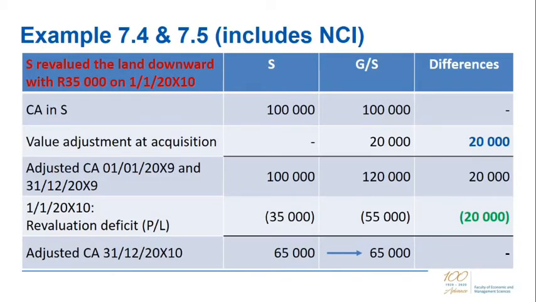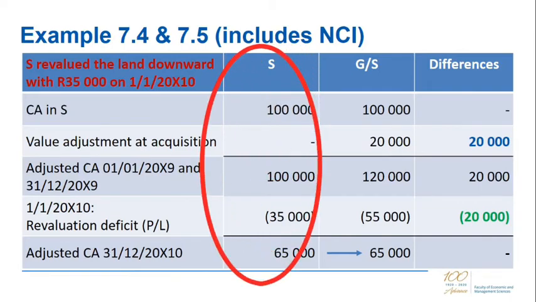The suggested work method will now help us to identify any differences that would result in consolidation journal entries. My starting point is the trial balance of the subsidiary, which indicates that during the current reporting period, the subsidiary recognized a revaluation deficit through profit and loss to revalue this asset to the fair value of 65,000 Rand.